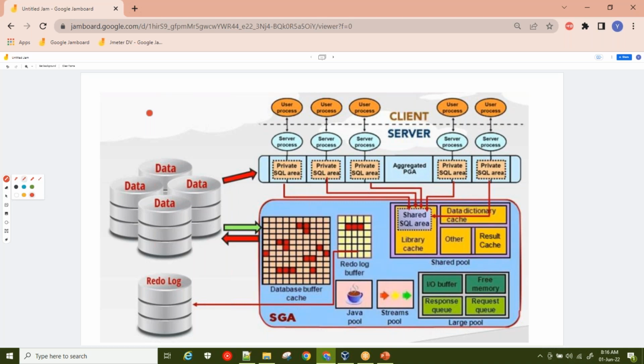Yeah, so next let's see the result cache. So we are now focusing on this one, the result cache.